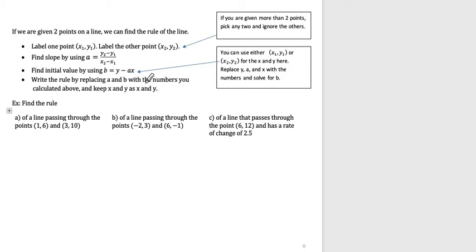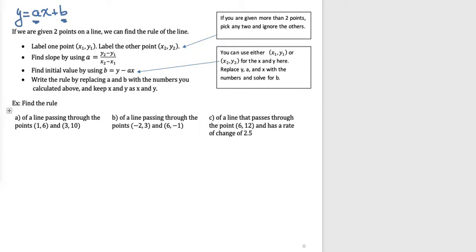So let's look at an example of this. Find the rule of a line passing through the points (1, 6) and (3, 10). And just as a reminder, we write the rule of a line y equals ax plus b. And we want a number for a and a number for b. So here we go.